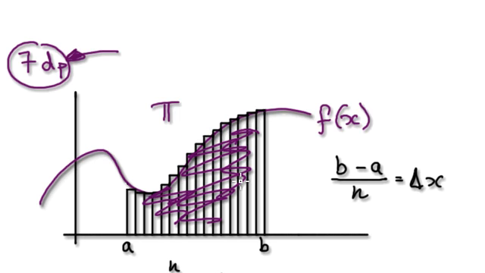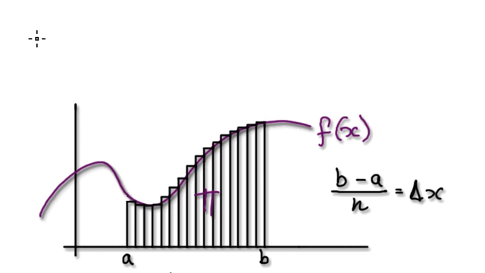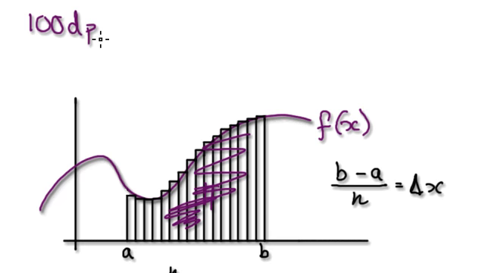Let's say the true area here is pi, and you happen to want it correct to, let's say, 100 decimal places. I am 100% sure that I can get to within your specified degree of accuracy by just increasing the number of strips.